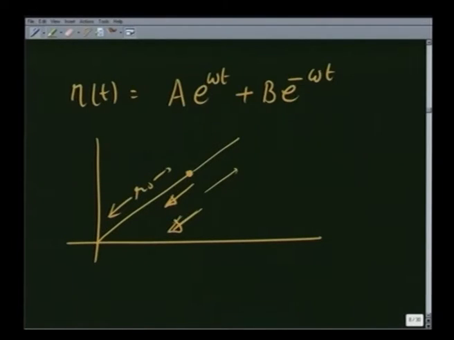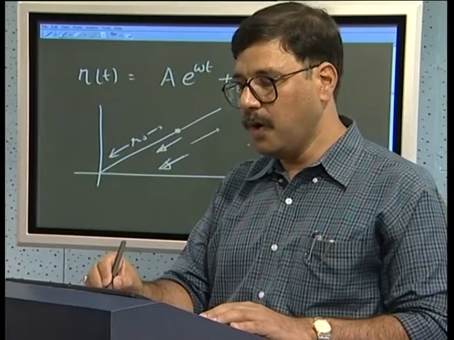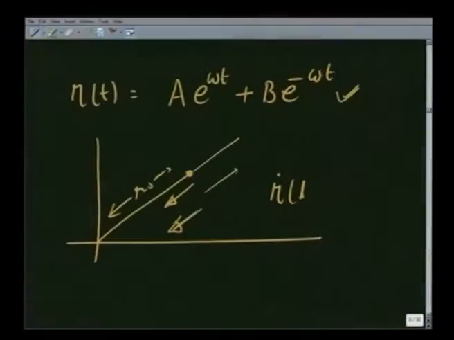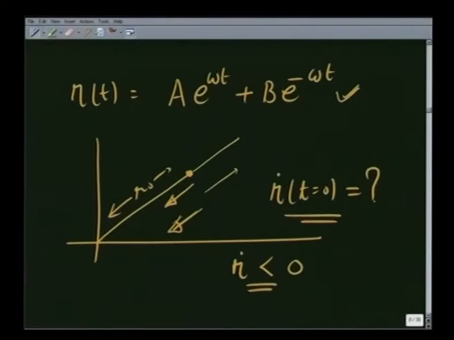Okay, this is just an interesting application of this solution. So, what I am asking is, what should r naught at t is equal to 0 be, so that r dot is always less than 0, that is r keeps on decreasing. Let us see that.